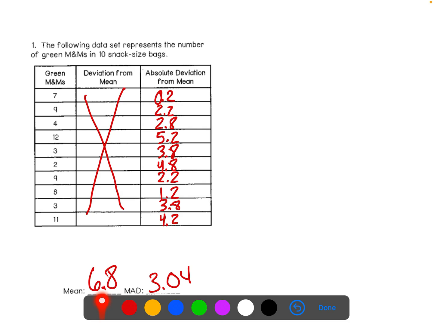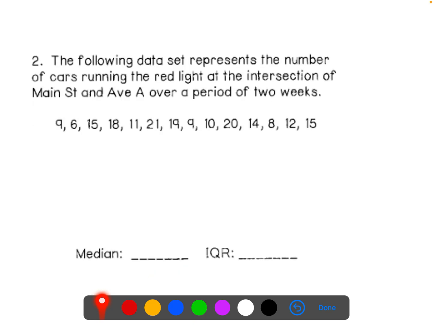All right, that's how you find the mean absolute deviation. Again, that last step was to add up these numbers that we found, these deviations, and then we divided it by 10 to get the mean of these numbers. All right, let's move on.